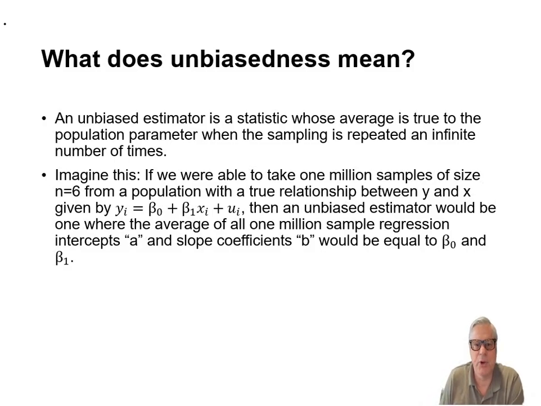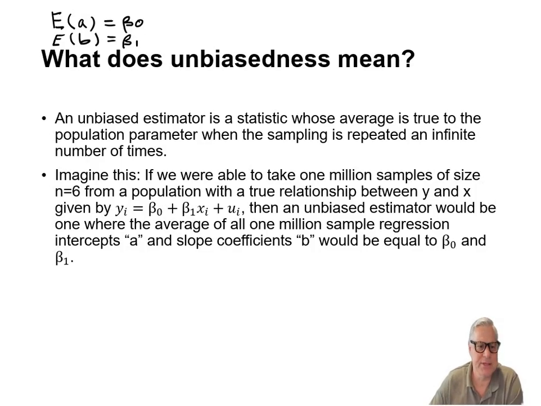So, in other words, what we try to show when an estimator is unbiased is that the expected value of A in many samples is equal to the population intercept, and likewise the expected value of all possible sample slope coefficients is equal to the population slope beta 1.